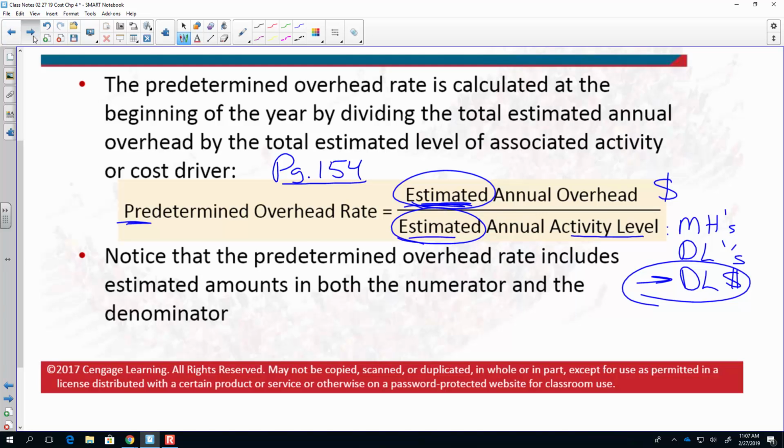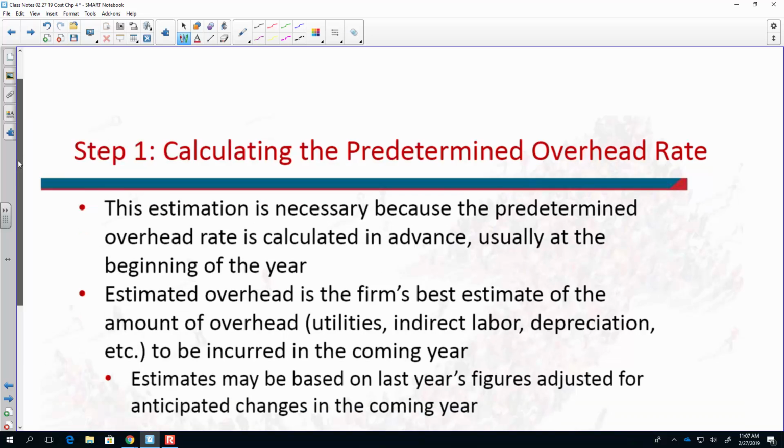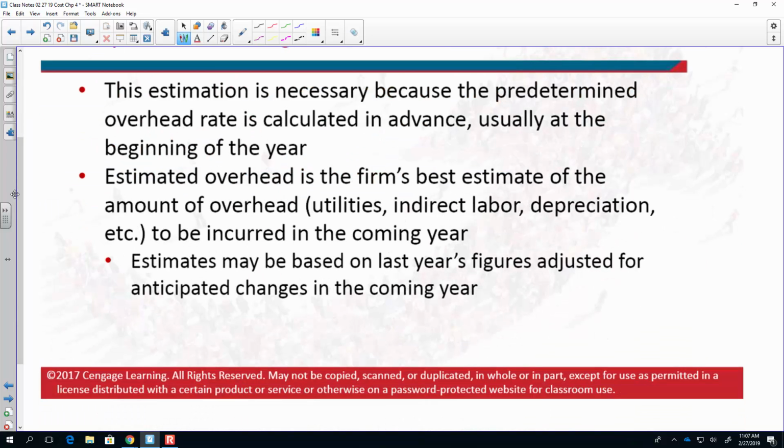All right, so 2 estimate numbers, and again, it's all overhead, right? And there's just some examples here. And I do use last year's figures, right? But we have to adjust for what's changing. What's changing?